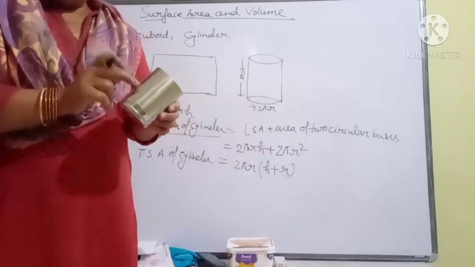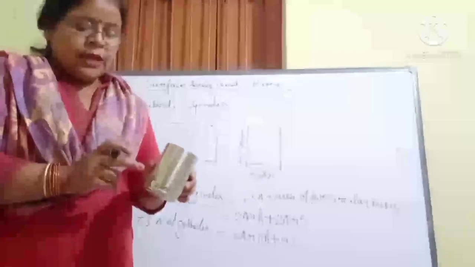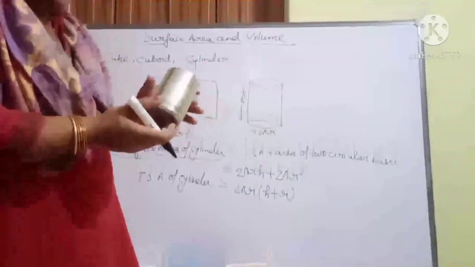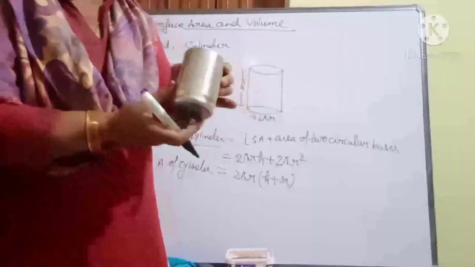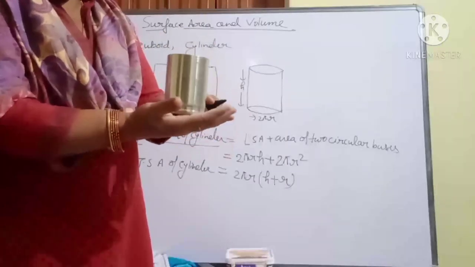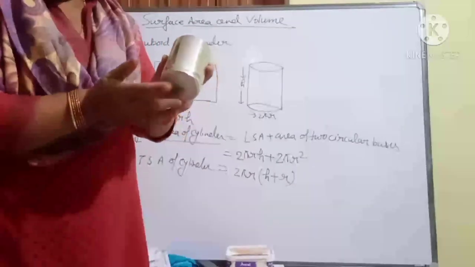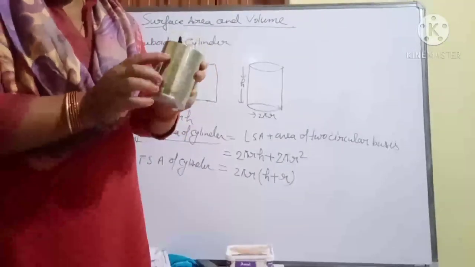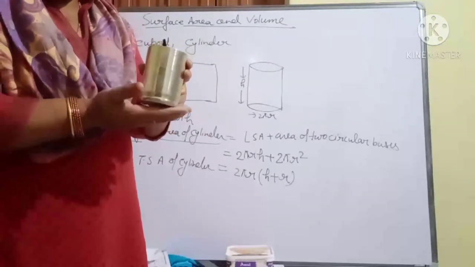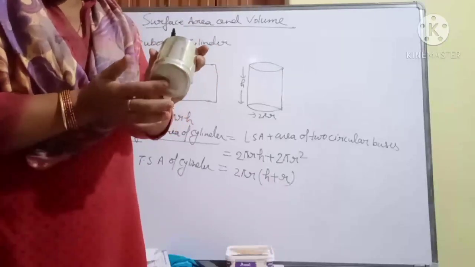If I would like to calculate the area of this object, what will I do? Area means lateral surface area, the area of this part which you are able to see. The area of this circular part will be 2 pi rh plus area of only one base. So if I would like to find the area of this object, I will take CSA of the cylinder plus area of one base.